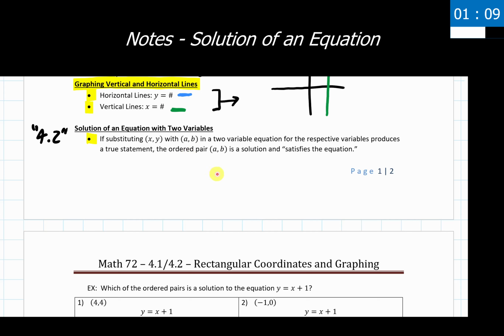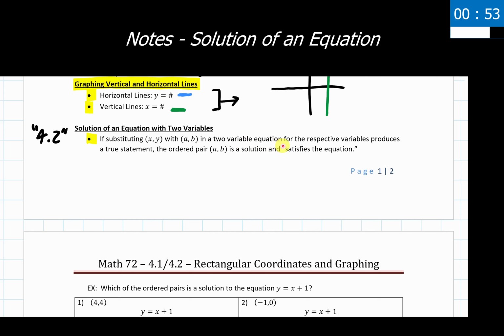So what we are doing is checking, are these points on the graph? The way we do that is we substitute x and y with a and b, the two numbers that we've been given in the new ordered pair.